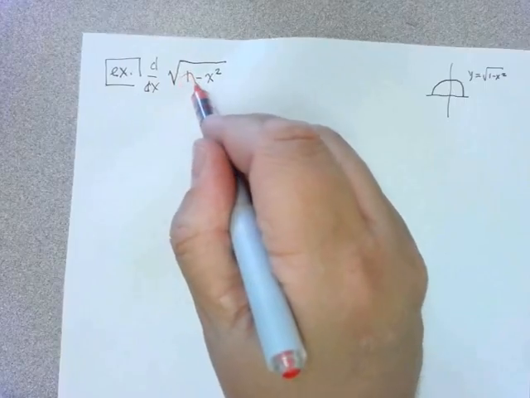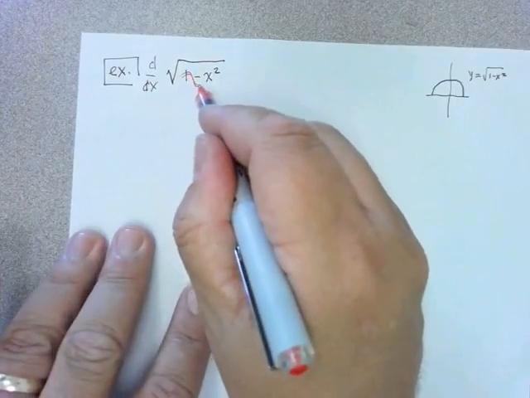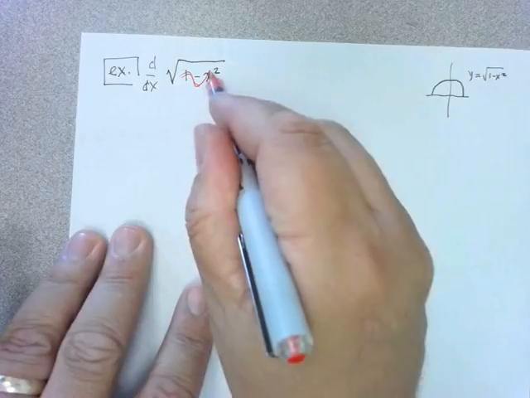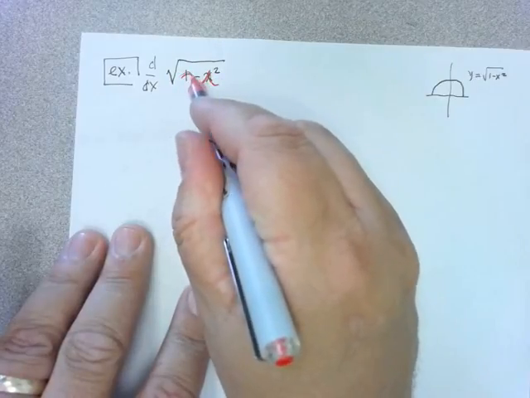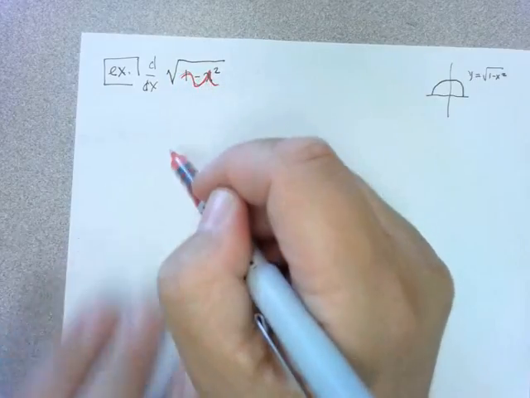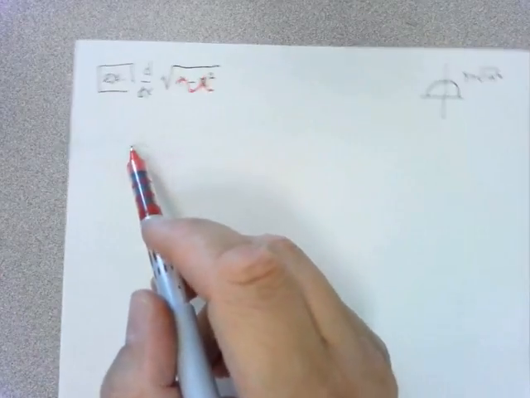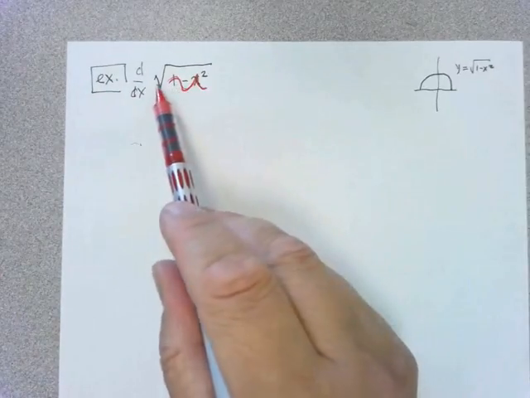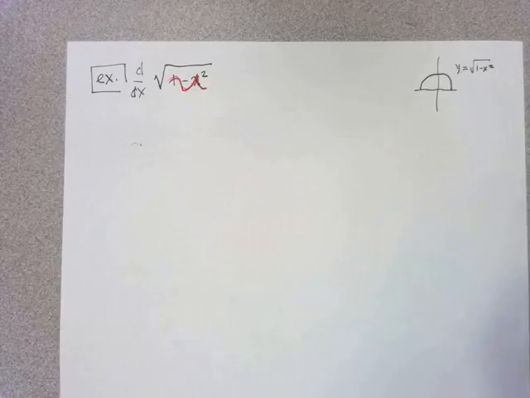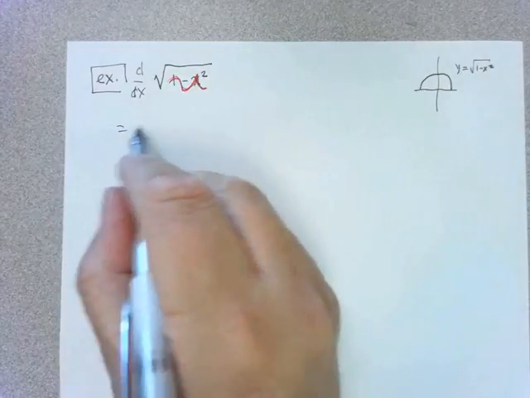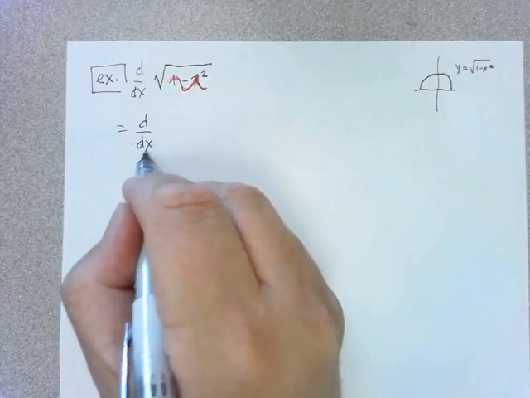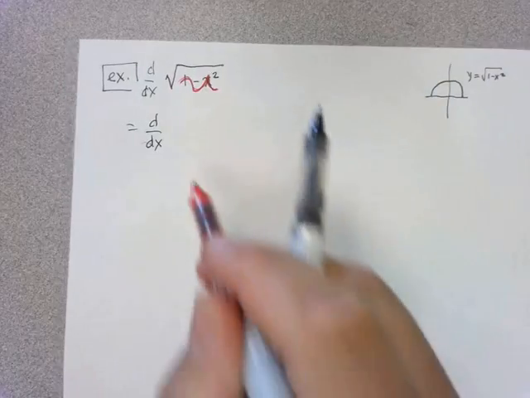So I cover this messy thing with my variable u. There we go. I'm going to cover it up. So now this is u square rooted, or u to the 1/2. So I'm taking the derivative of u to the 1/2.